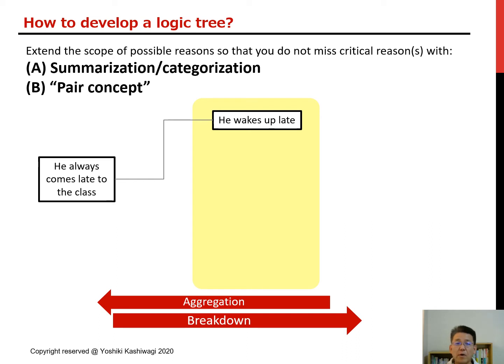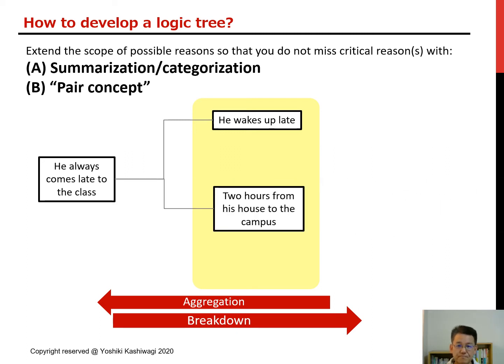Why is he always late? The first reason you came up with was he wakes up late. And there must be other reasons. The second thought was 2 hours from his house to the campus. Yes, this could also be the reason.